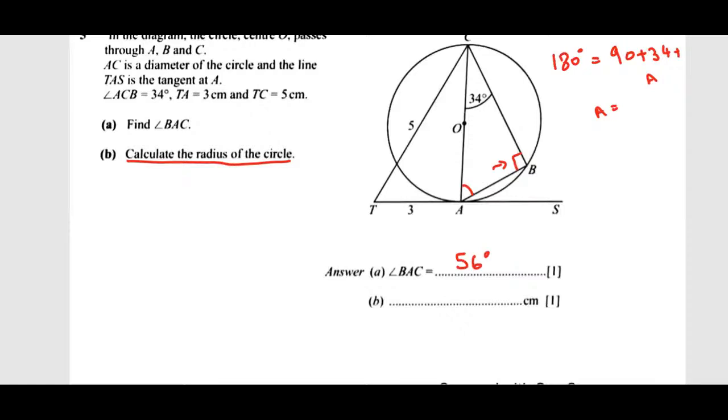I'll give you 2 minutes. Think about it. And then if you're not able to do it, I'll do it for you. Okay.